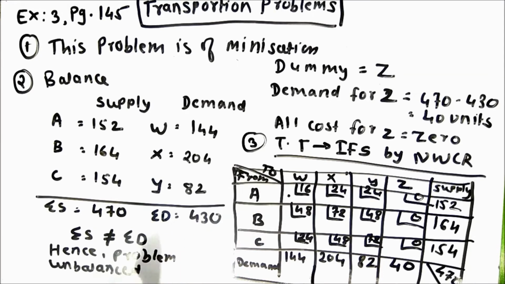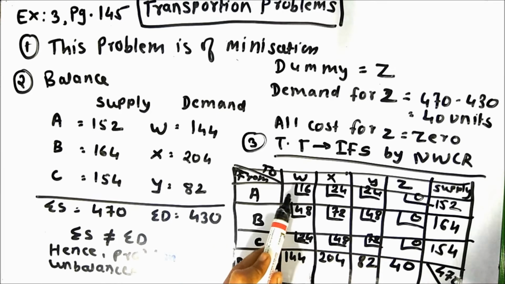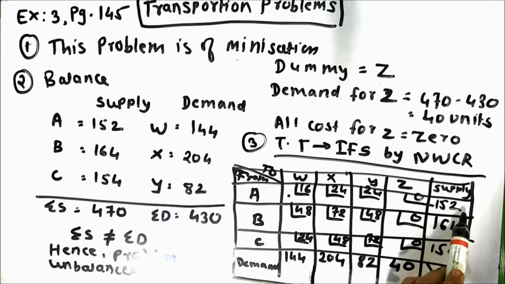Again, the allocation rule says from demand and supply, whichever is lesser. So for the AW cell, we have to check the demand side and supply side. For AW, my demand is 144 and supply is 152.